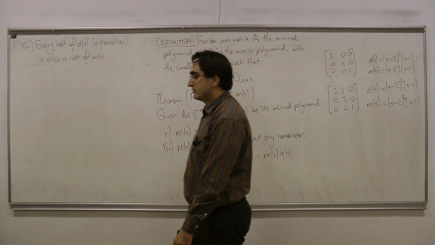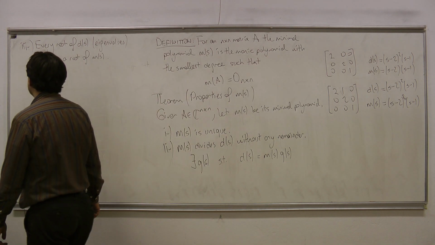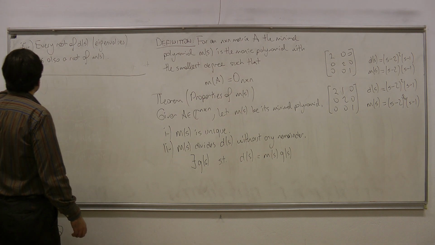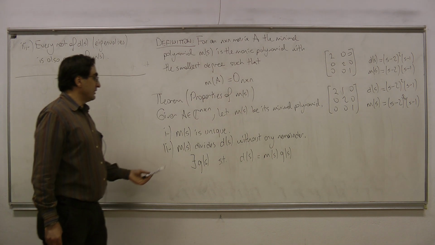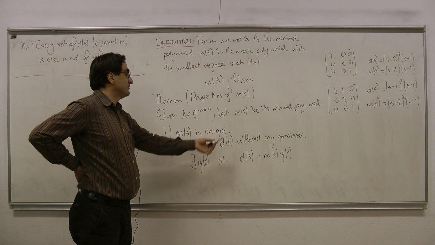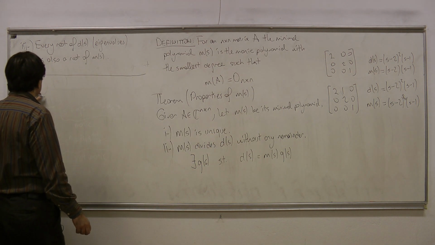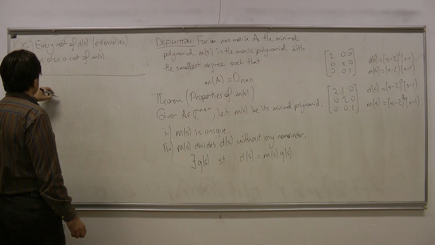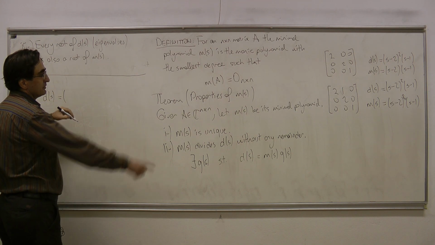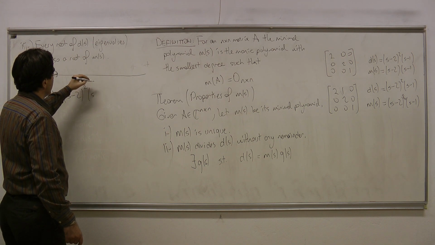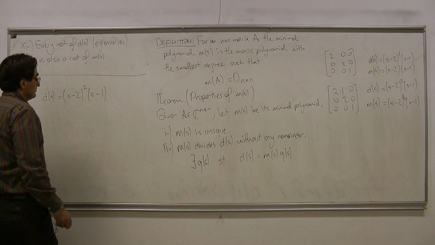Every matrix has one and only one minimal polynomial. Let us come to the second one. The second property tells us that m of s divides d of s without any remainder. So here it would be interesting to give you some examples. Let us consider the earlier example. Suppose the characteristic polynomial of a matrix is just this one. Okay?